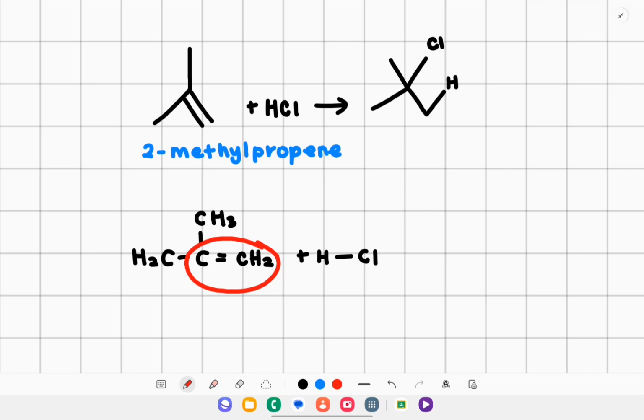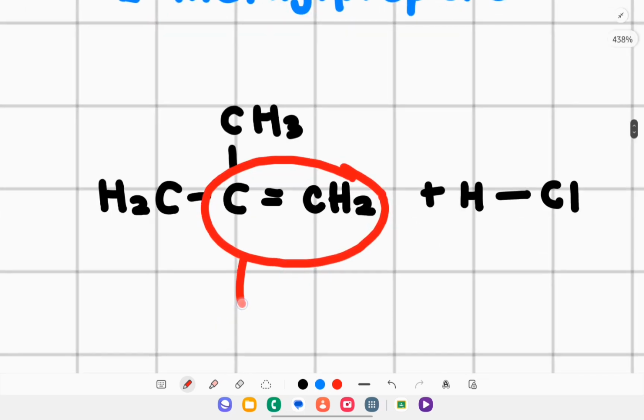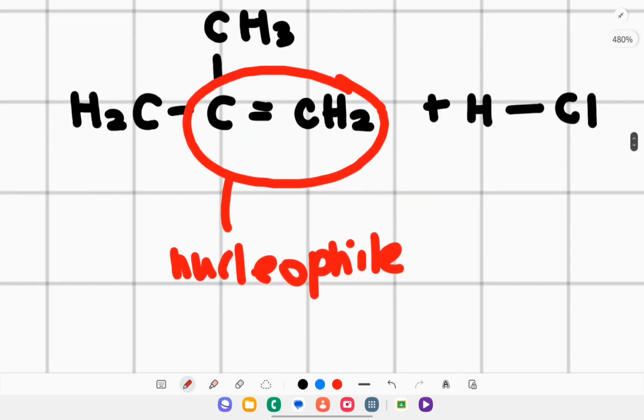The pi electrons are more loosely held than the sigma electrons in a single bond. Therefore, this region acts as a nucleophile, or a site that can donate electrons. Okay, this is our nucleophile site.